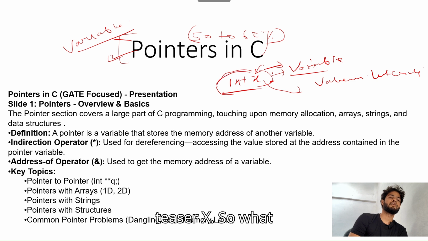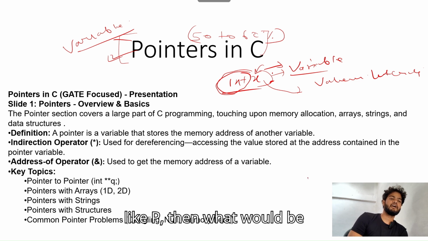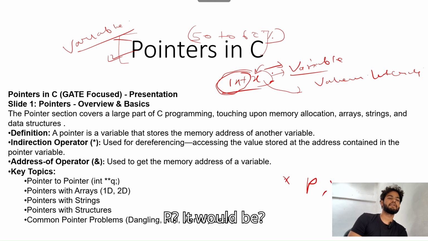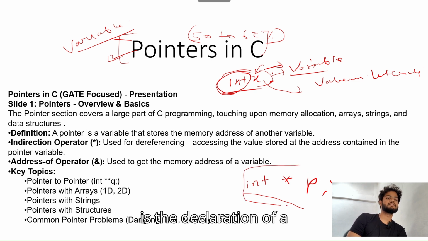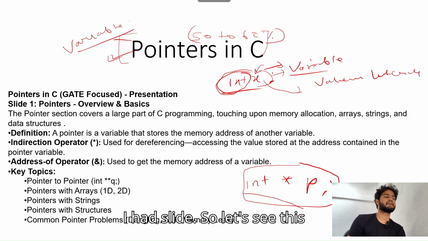So what is the data type of x? Integer. Similarly, if I declare a pointer p, then the data type would be integer star p, or asterisk. This is the declaration of a pointer variable.